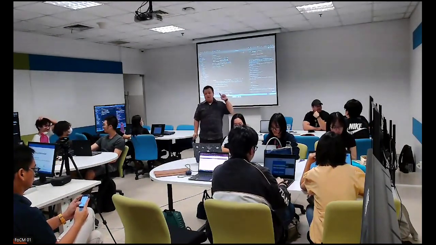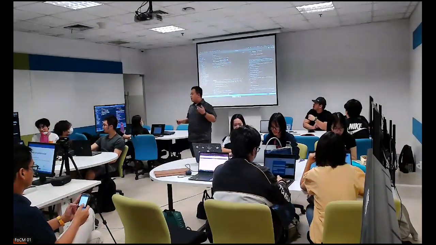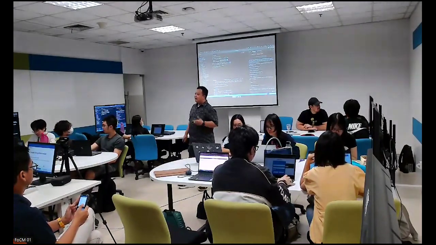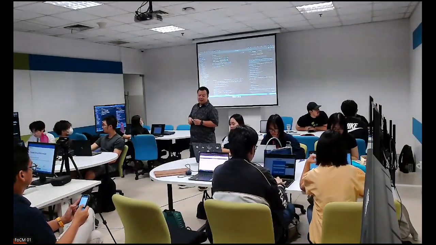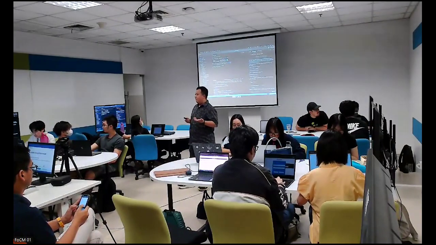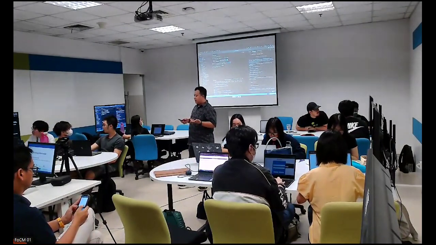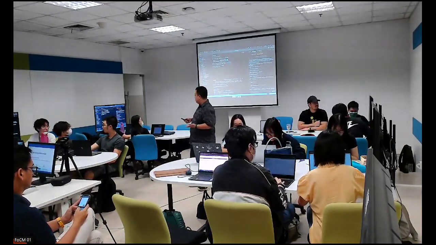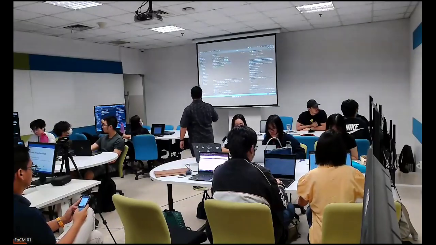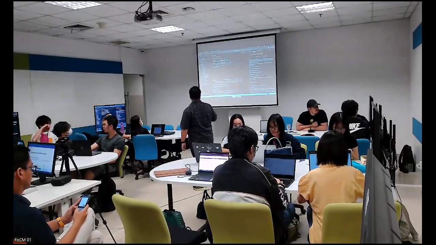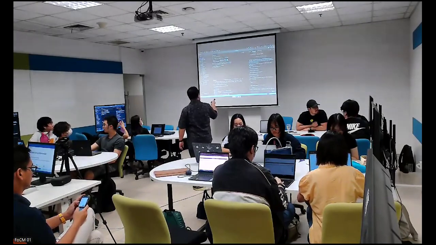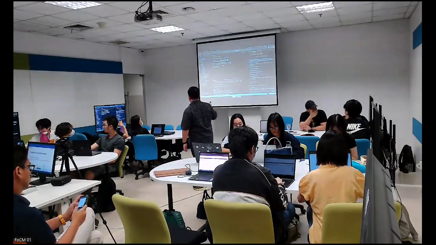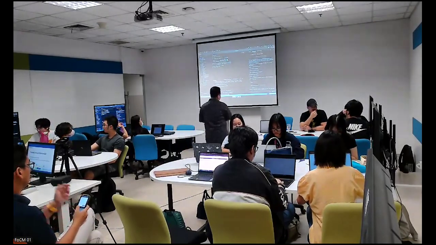You can download Cursor, and what Cursor is, is a fork of VS Code, but it has this thing called Composer, which is built into the editor. So you see here, this thing is called the Composer, right?